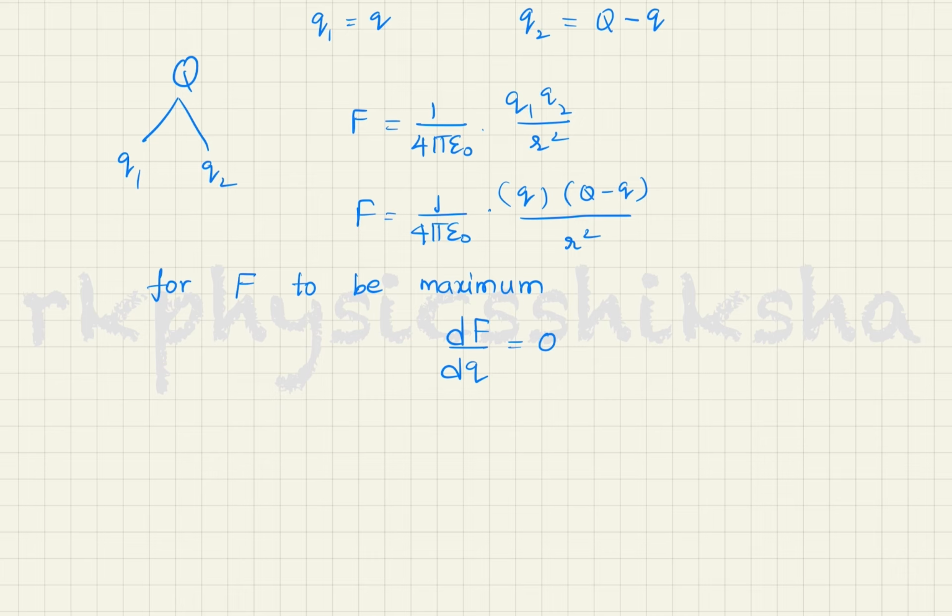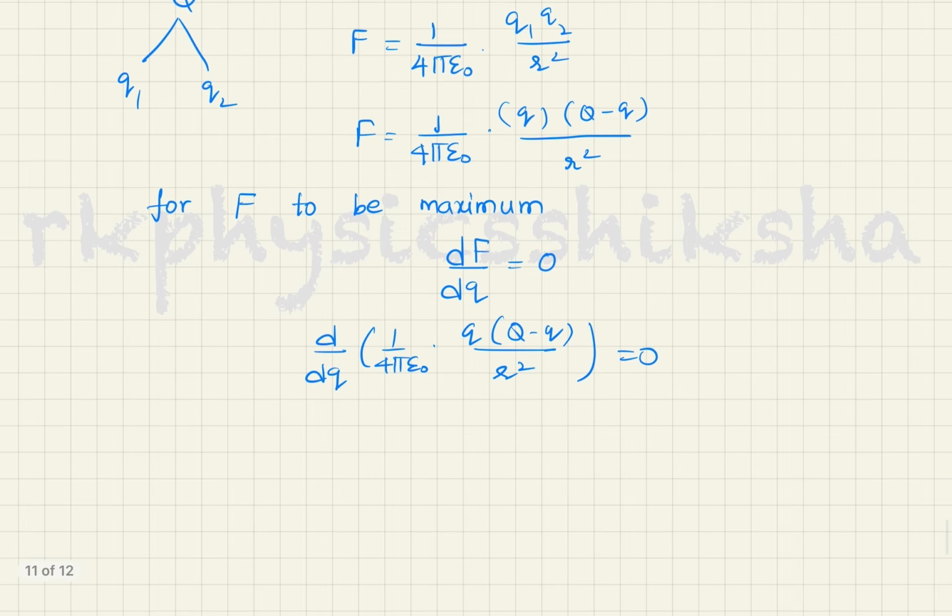The force between the two charged particles will be maximum when dF by dq is equal to 0. So d by dq of 1 by 4 pi epsilon naught into q into (Q minus q) divided by r square is equal to 0.